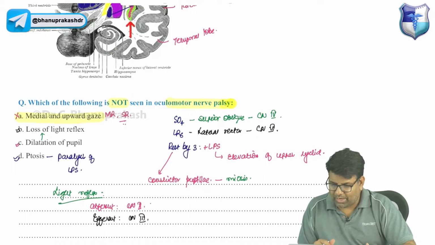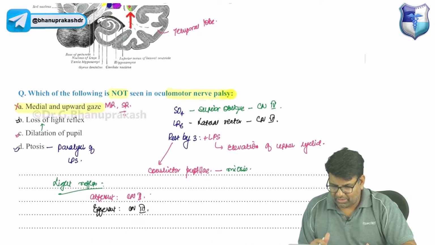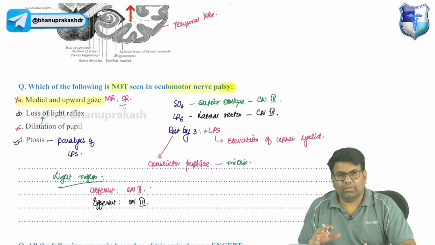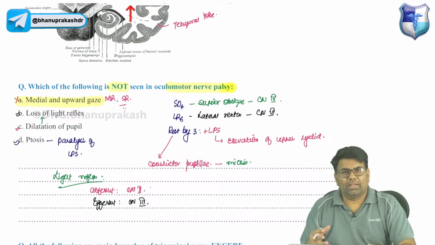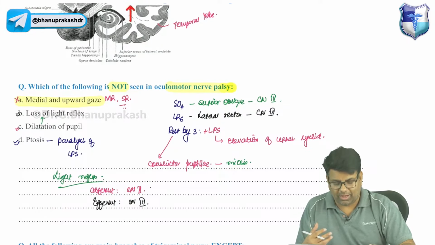Yes, Raghu, you are absolutely right. Dilated pupils will be seen, and outward deviated eyes because of overactivity of the lateral rectus, and downward deviation because of superior oblique activity. So the superior oblique muscle will depress the eye and take the eyeball outward, supported by the lateral rectus. Because in a particular structure, there is a balance between the agonist and the antagonist. If one muscle is paralyzed, the other group of muscles become overactive and will try to pull the structure in their direction, right?